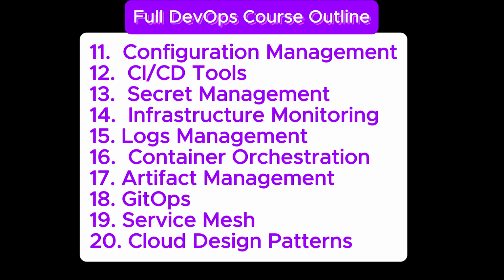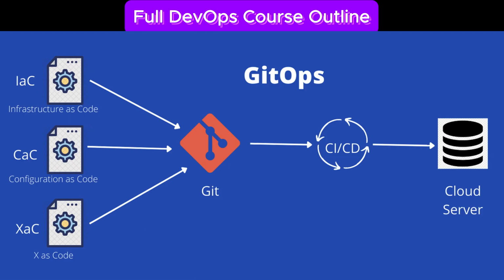Okay, then we must have knowledge about GitOps, actually operations regarding Git. GitOps is a paradigm for managing infrastructure and application deployments using Git as the single source of truth. It extends DevOps practices by using a Git repository to store declarative descriptions of infrastructure and applications.